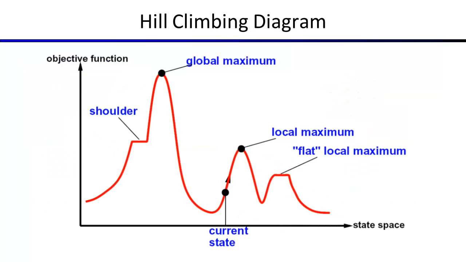Okay, here's a diagram that has a bunch of the important concepts. This is a diagram from the book. So here, this is what's called the global optimum, or in this case, the global maximum. It is also a local maximum. Local refers to the fact that your neighbors are worse than you. Global refers to the fact that nowhere else in this search space is there something as good.